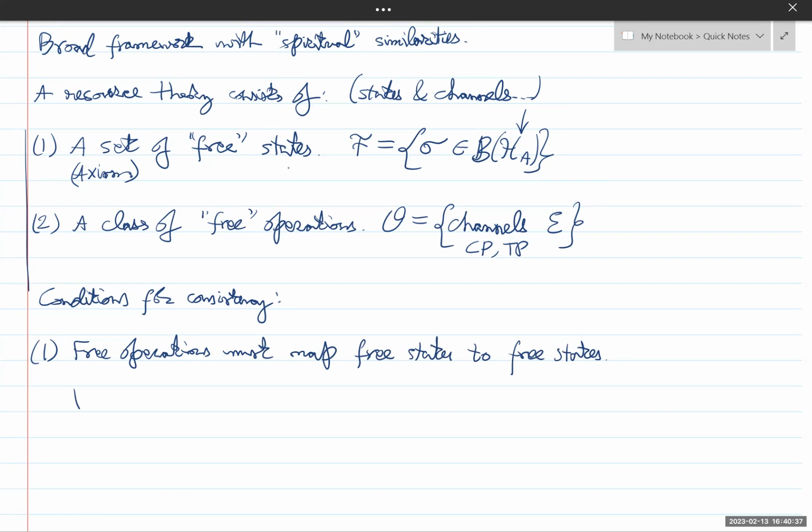That is to say, for all channels E in this set O, it must hold that for all sigma in F, E acting on sigma should also be in F. So the free operations acting on the free states can't produce a non-free state.